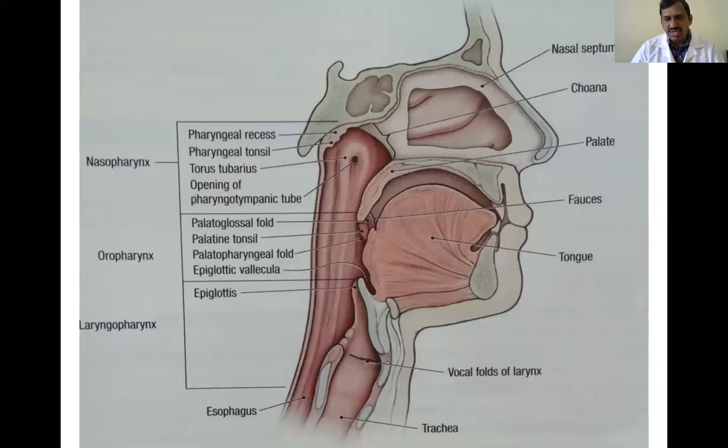Because of this reason, there is stratified squamous epithelium, non-keratinized, to maintain moisture. That is also very, very important. Lower part is lined by non-keratinized stratified squamous epithelium. Upper part is lined by pseudostratified ciliated columnar epithelium, which is the epithelium of the respiratory system. These are the different epithelia lining the oral cavity and nasal cavity.